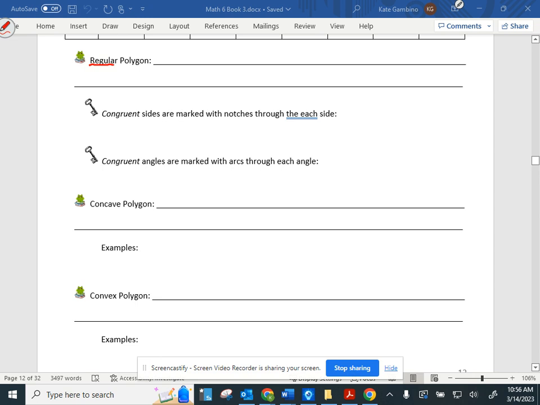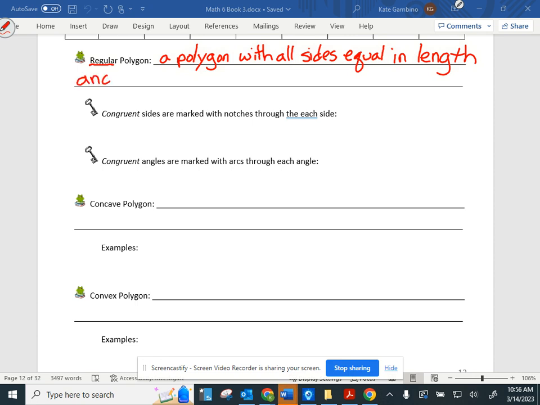A regular polygon is a polygon with all sides equal in length and all angles are congruent.